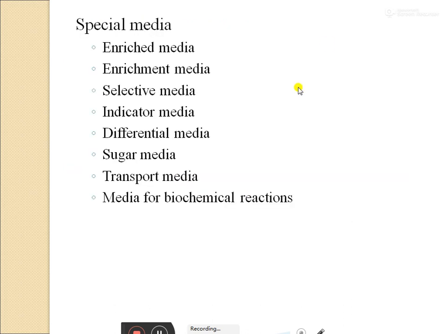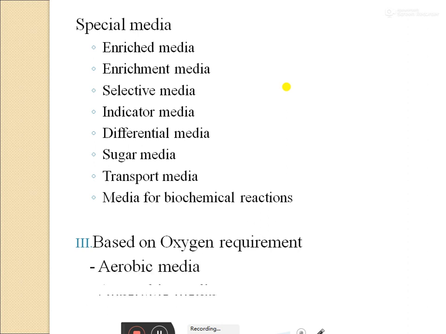The special media are further classified as enriched media, enrichment media, selective media, indicator media, differential media, sugar media, and transport media for different biochemical reactions. Apart from that, based on the oxygen requirement, the media are classified as aerobic media and anaerobic media.